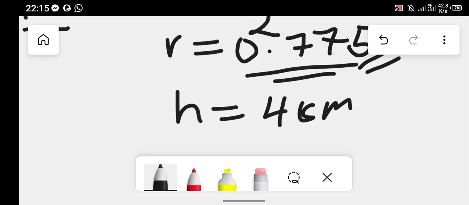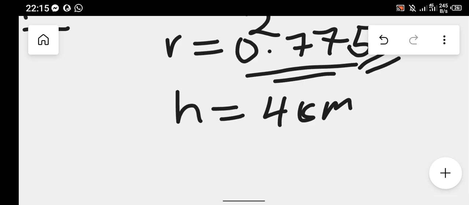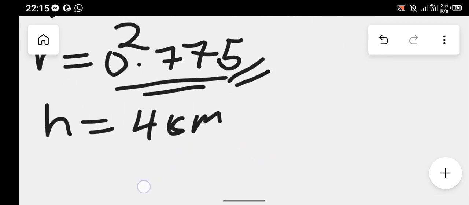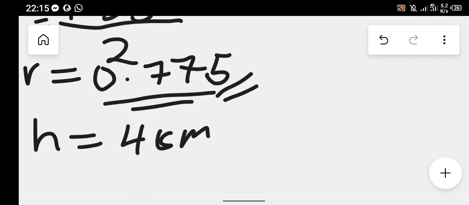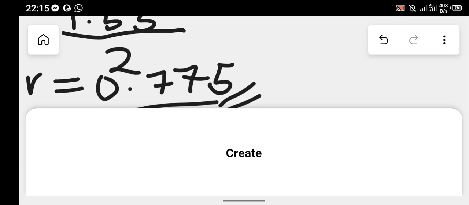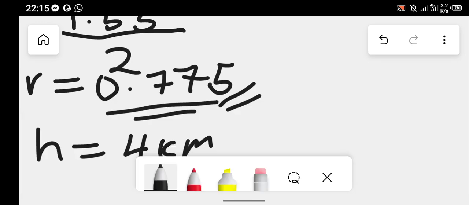So now we can use that formula for finding volume. Let me just move it on this side so that you can see where we'll be getting them. So we know that volume is equals to what? Volume of cylinder is equals to what? Pi r squared.